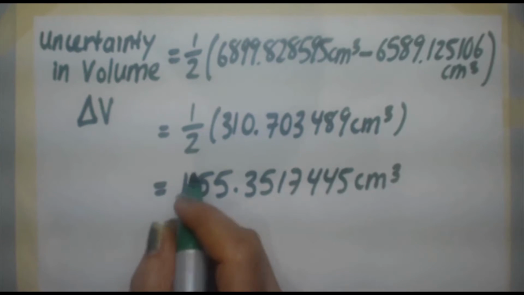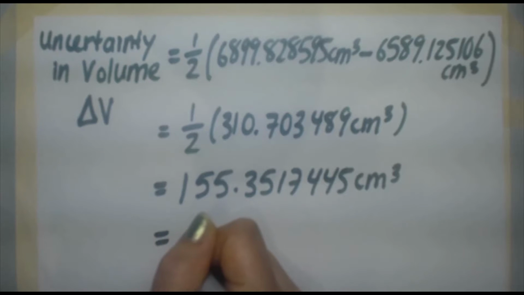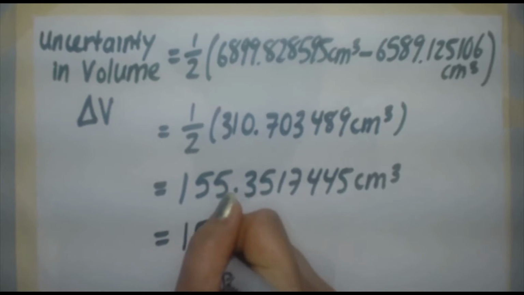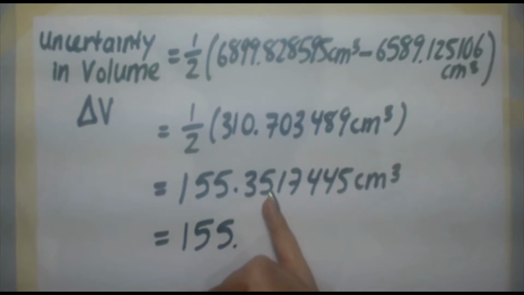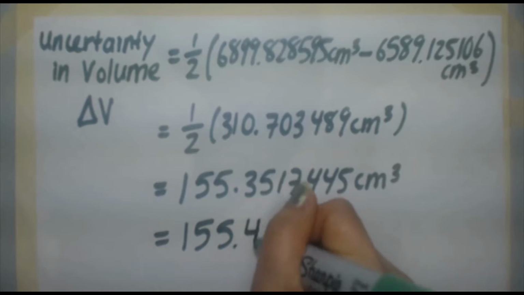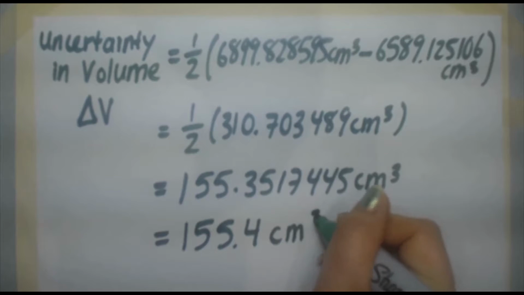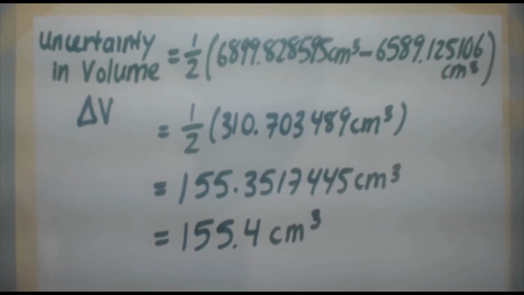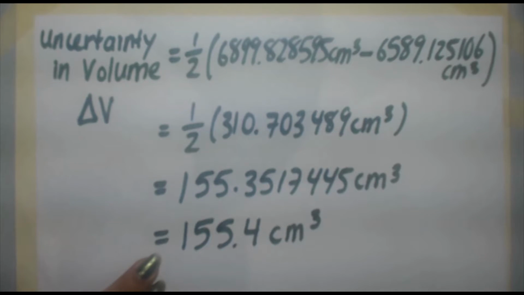If we round this to 4, we're going to get 155. The 5 rounds the 3 up because this is greater than the halfway point. Centimeters cubed. So the uncertainty in the volume is this value.